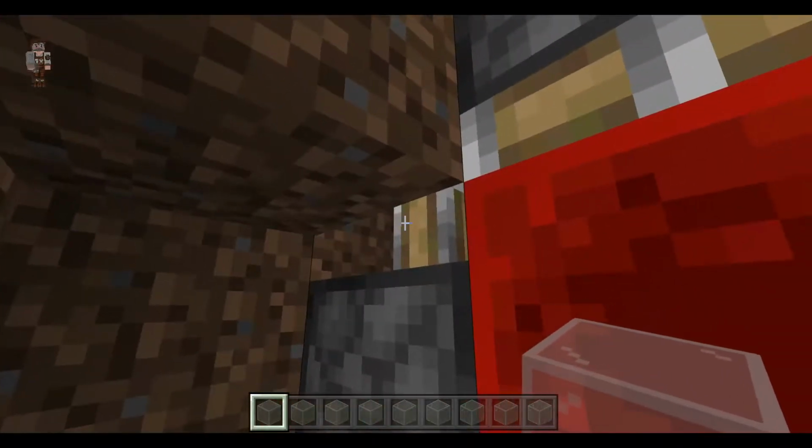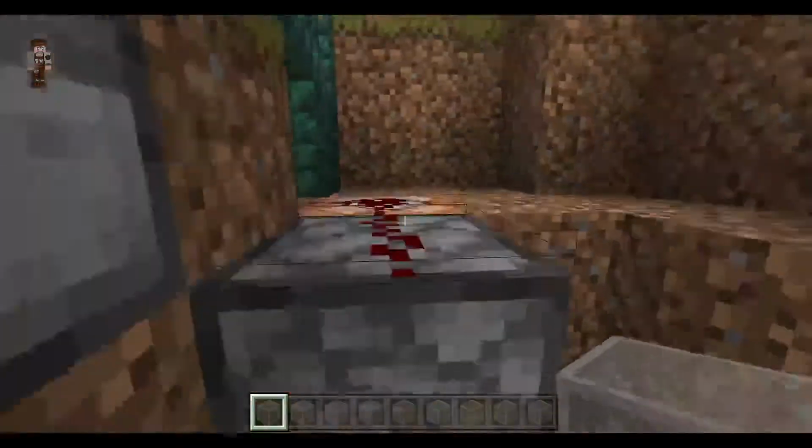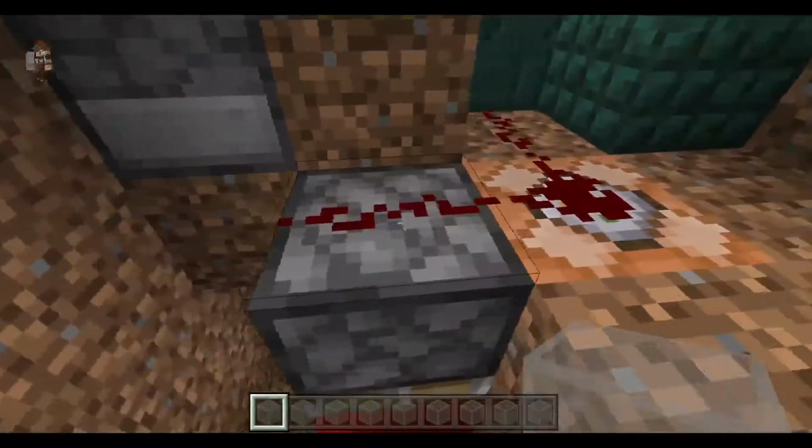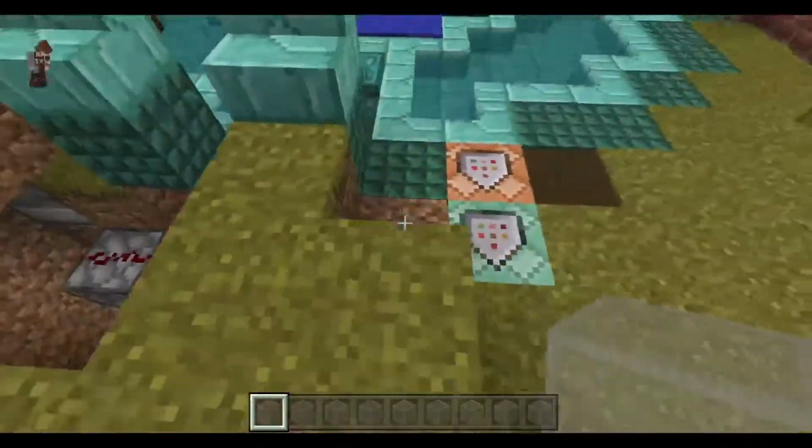The Vindicator appears, and then it gets pushed back up after the button finishes up. So, real simple design there to pop the guy out.